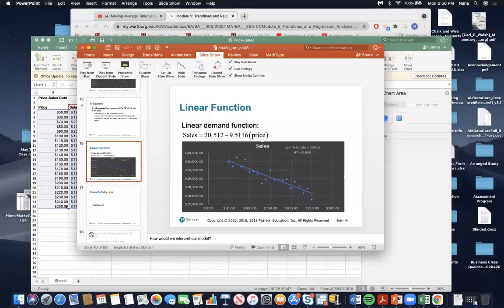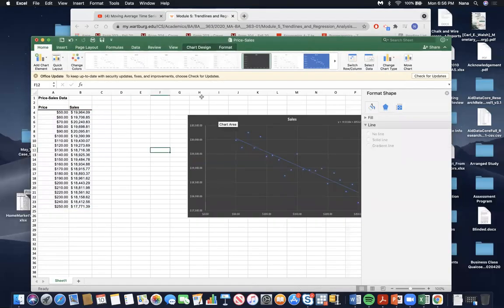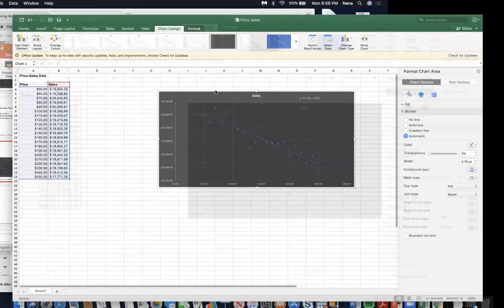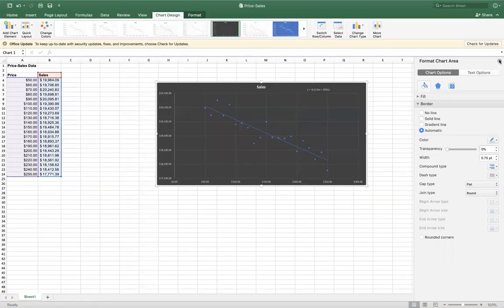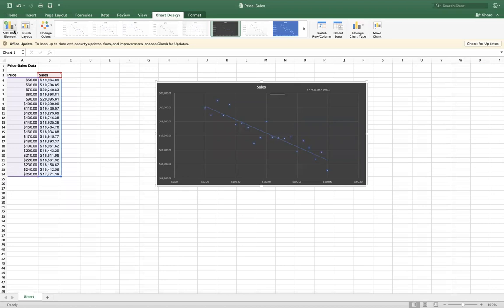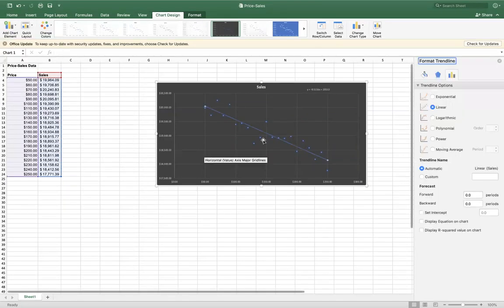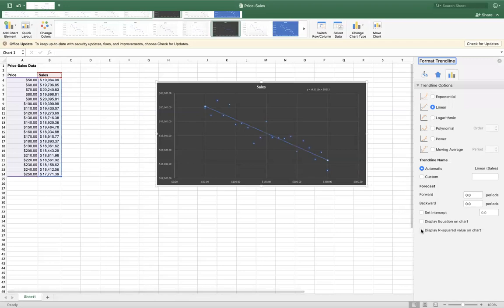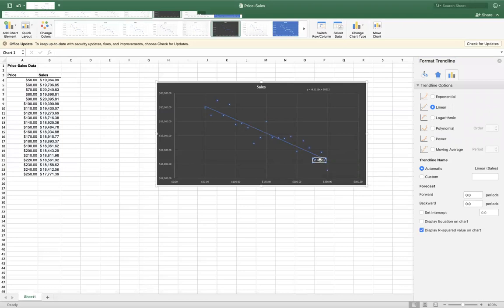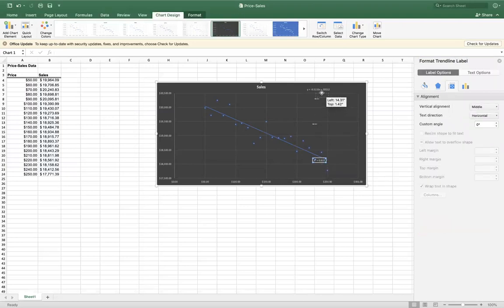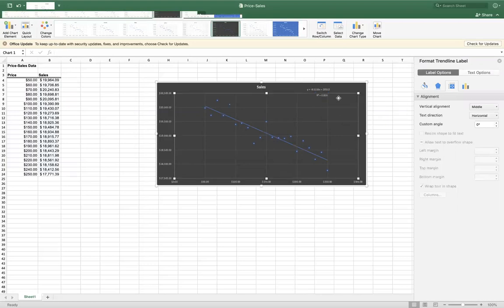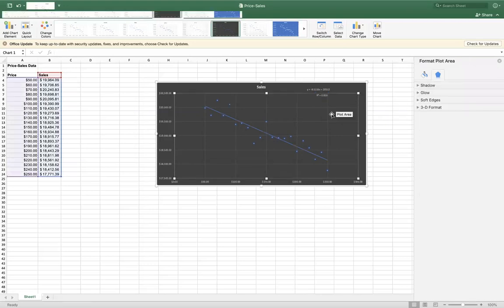Once you select your chart, you go to chart element, trend line, more trend line options, and you select display R-squared value on chart. Once you do that, you actually see your R-squared, telling us how good price is able to predict sales essentially.